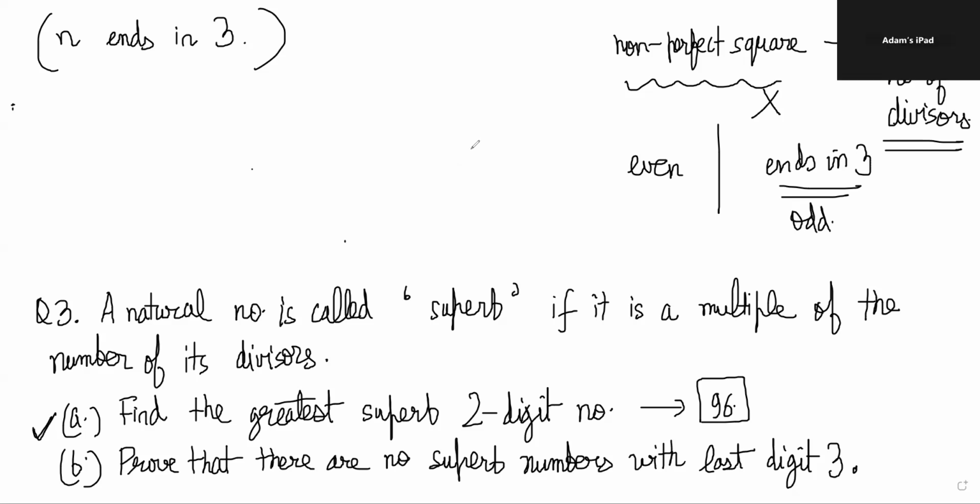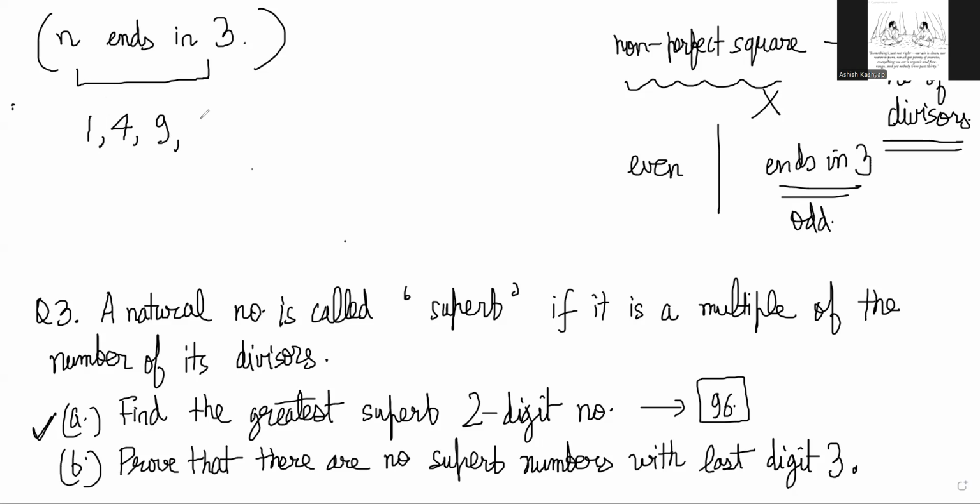And now you have to check whether any number ending in 3 is a perfect square or not, right? For any square number, the last digit will be determined by looking at the last digit of the number that you're squaring. So it can be 1, it can be 4, it can be 9, it can be 6. When you do 7, it is again 9. When you do 8, it is 4.